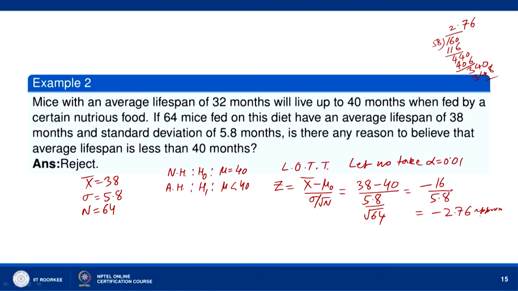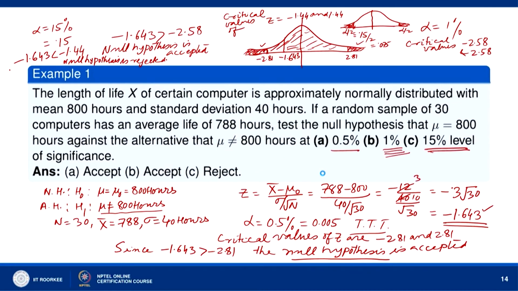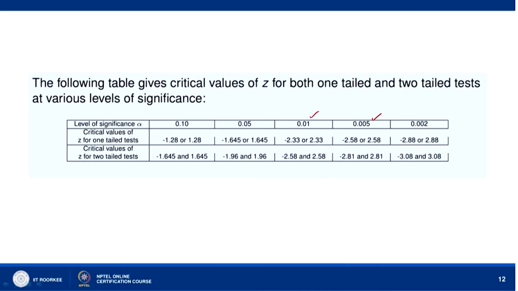So, now, for alpha equal to 0.01 in the case of LOTT, let us find the critical value of Z. This can be seen from this table, 0.01. For a one tail test it is minus 2.33, left one tail test.